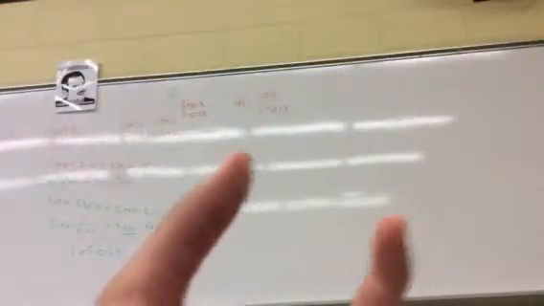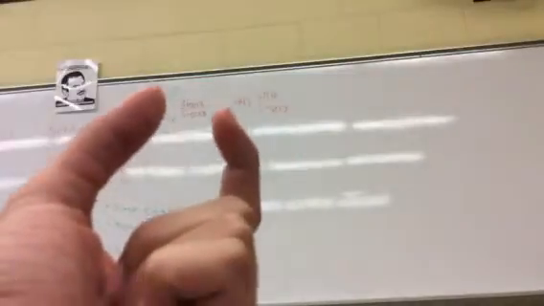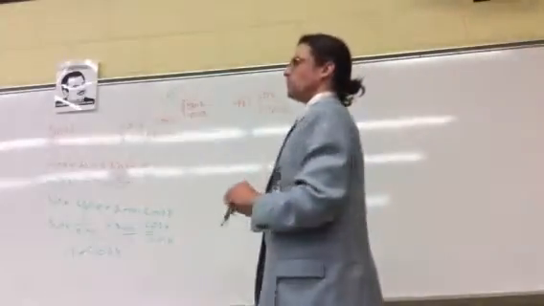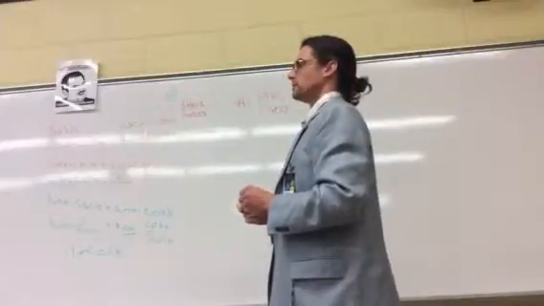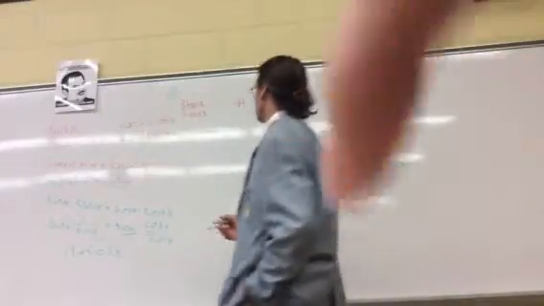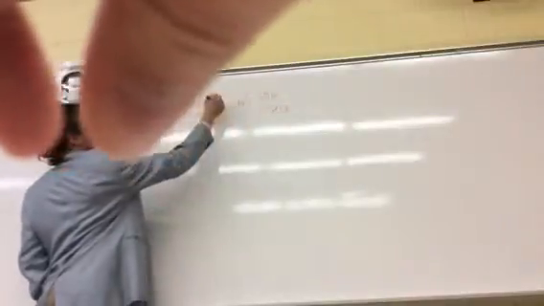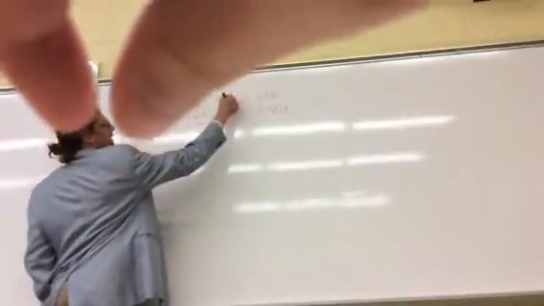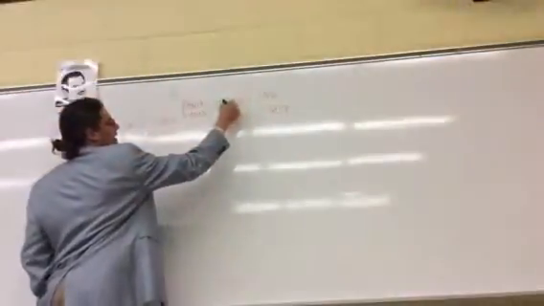With the tangent, you can change it to sine over cosine. I reckon we multiply by the reciprocal of the denominator. Mr. P says multiply by 1 plus cosine x over 1 plus cosine x.